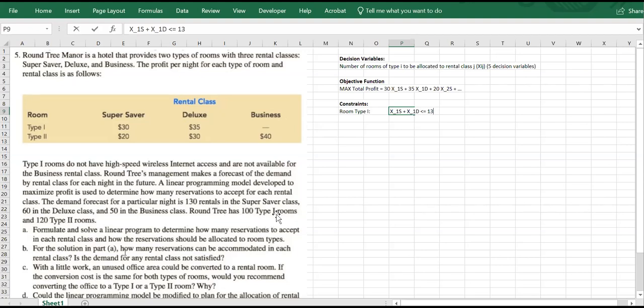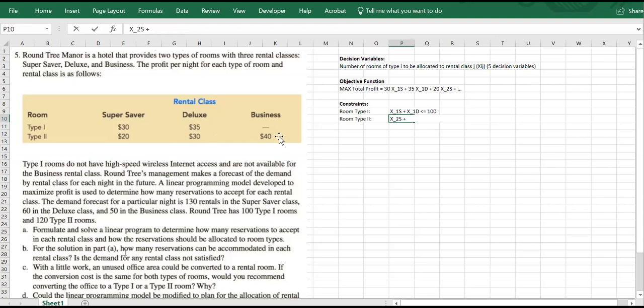So we have 100 type 1 rooms and 120 room type 2. X2S plus X2D plus X2B.